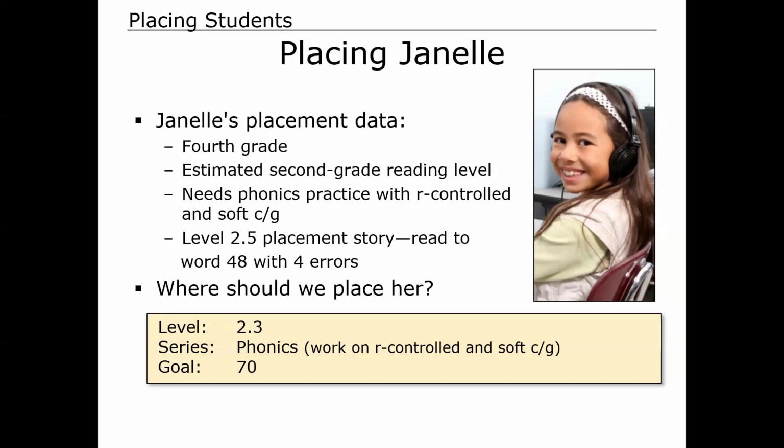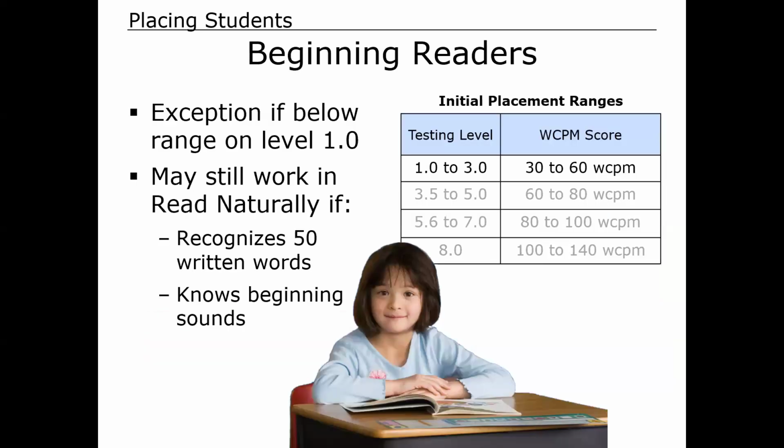I'd put her in as high a level as she could handle with comprehension and fluency, and I would address phonics someplace else. Okay, you still have to fill that hole, but you want to challenge them as much as they can in all the different areas because they don't always line up nicely.